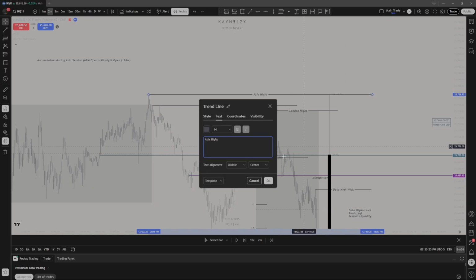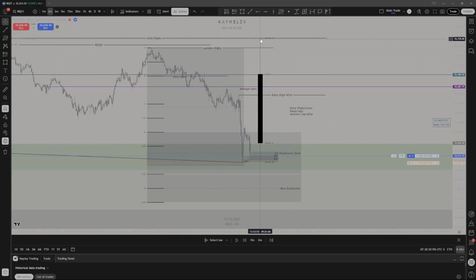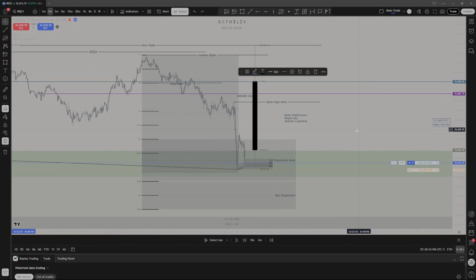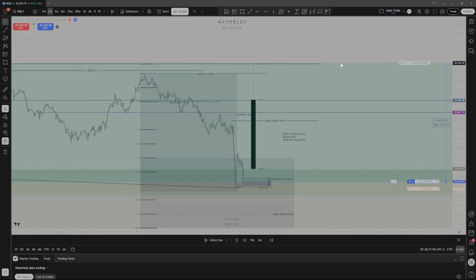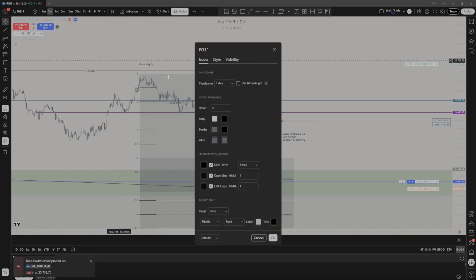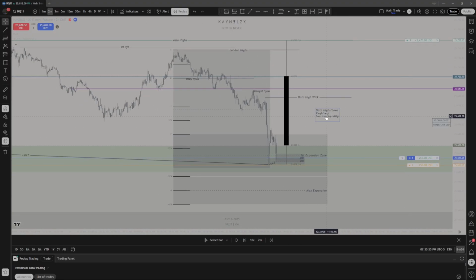I like to use the power of 3 candle to determine my TP, so that's also part of it. You can copy my settings here. I use the daily time frame. I don't use midnight open. You can also go for Asia highs, relative equal highs. You have a bunch of liquidity you can go for here.